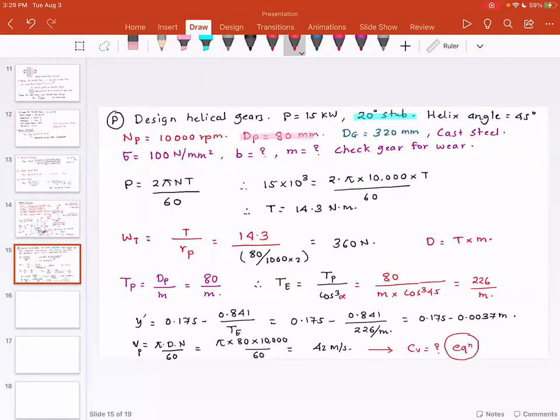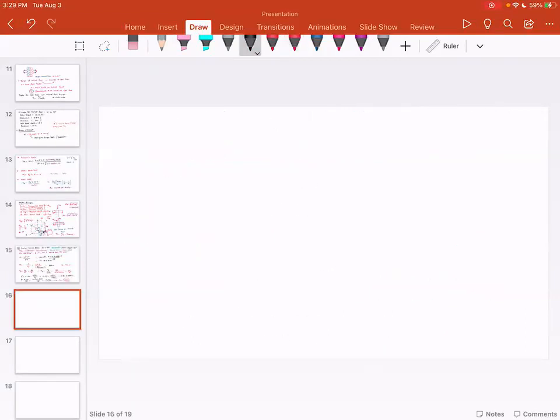Since the velocity is very high, which is 42, I am going to use the equation for velocity factor given in the spur gear chapter: 0.75 divided by 0.75 plus square root of V. With V equal to 42, that gives me the answer 0.1.